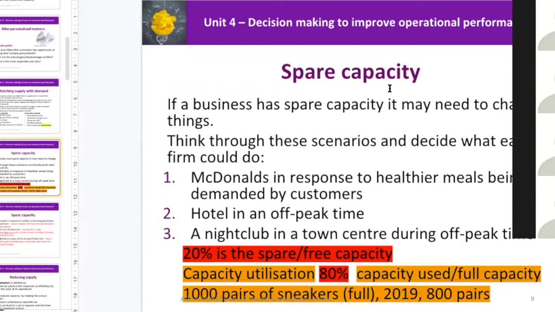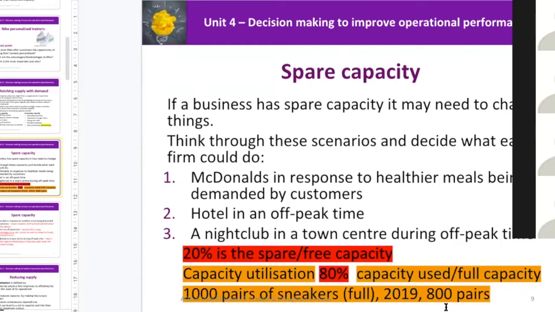But why is spare capacity important in operations? Because if the operation doesn't work, we can use the spare capacity to improve their business. Very good, but we can use another term.